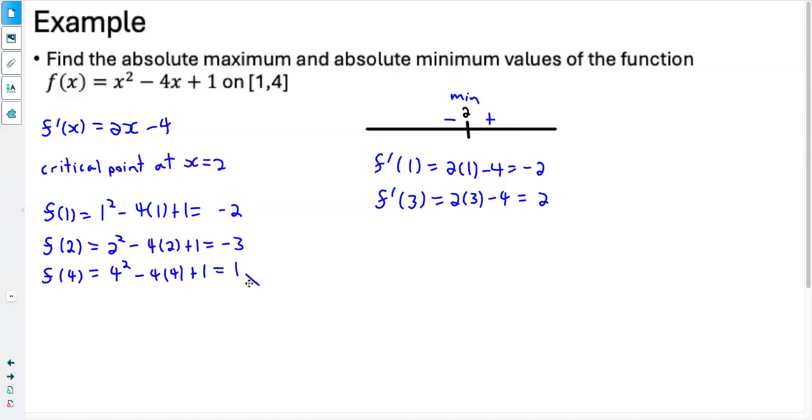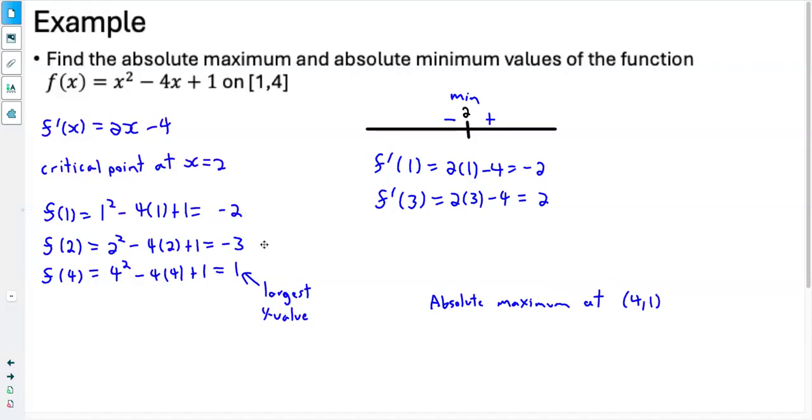So we can see that this here was our largest y value, which means that we have an absolute maximum at 4 comma 1.